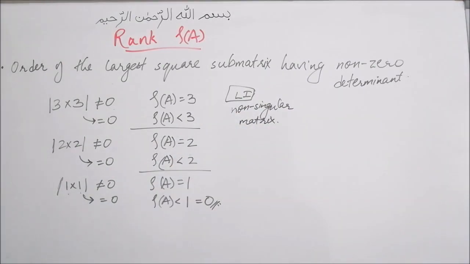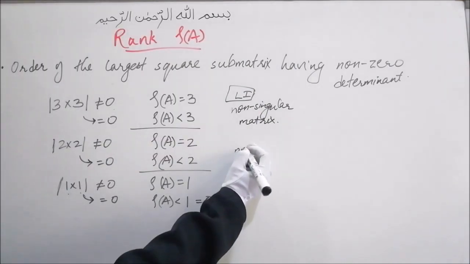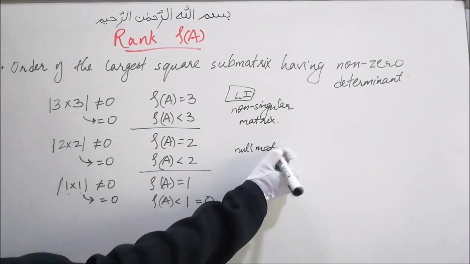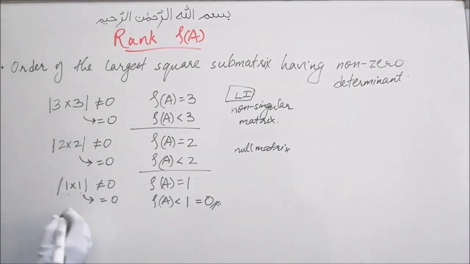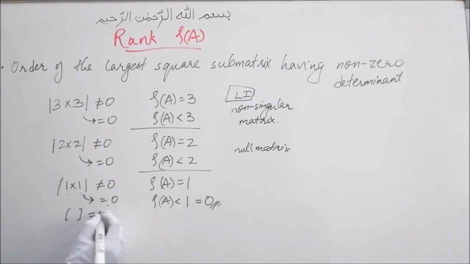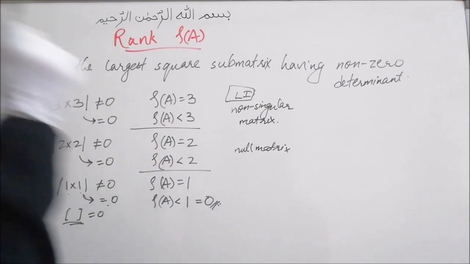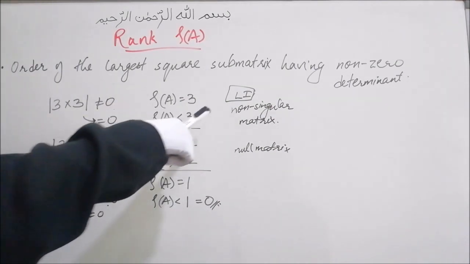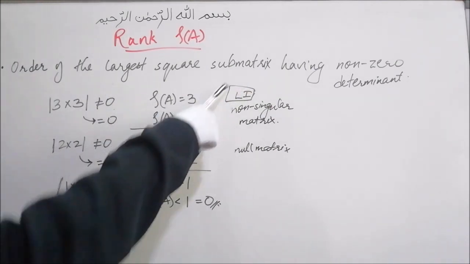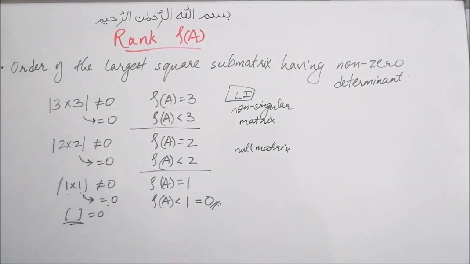All those matrices in which all the elements are 0 are called null matrices. Now since this is a 1 by 1 matrix, it will have only one element, and if that element is equal to 0, then this matrix will be the null matrix. Thus you can also say that the number of linearly independent rows or columns is the rank of a matrix.